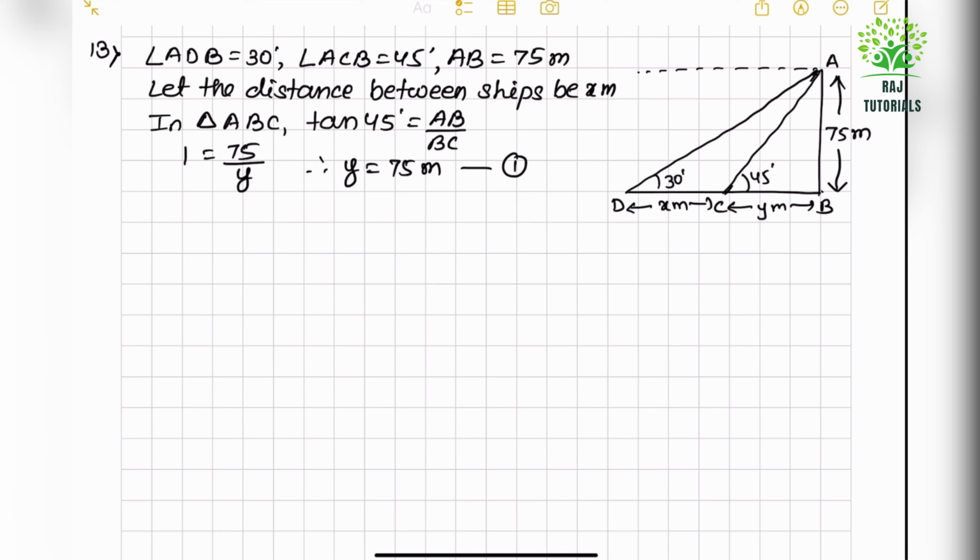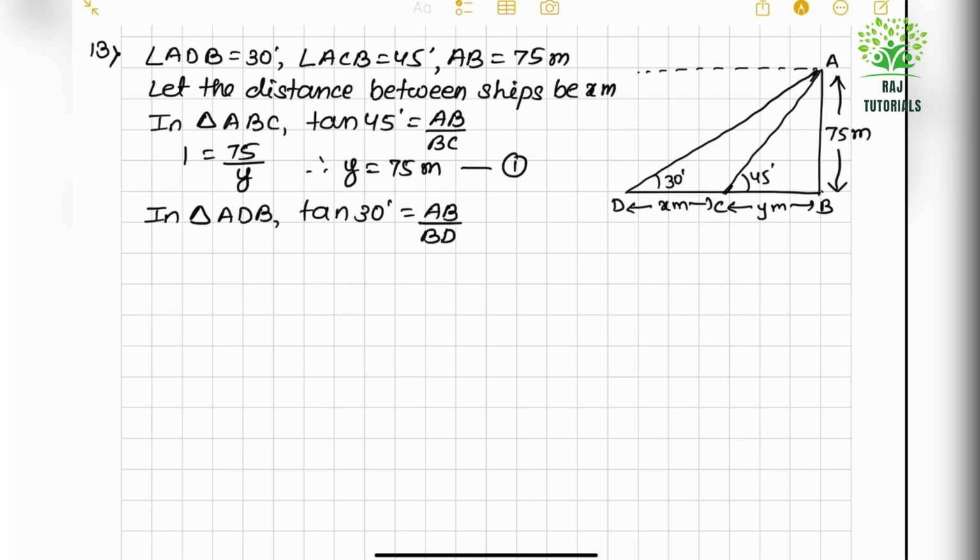So, here 1 equal to 75 upon y, as we have supposed BC as y. So, therefore I can say y equal to 75 meter. So, let us take this as 1.